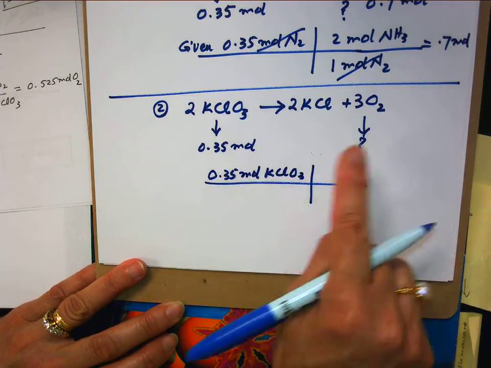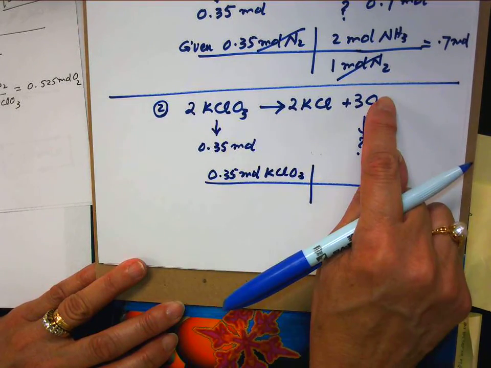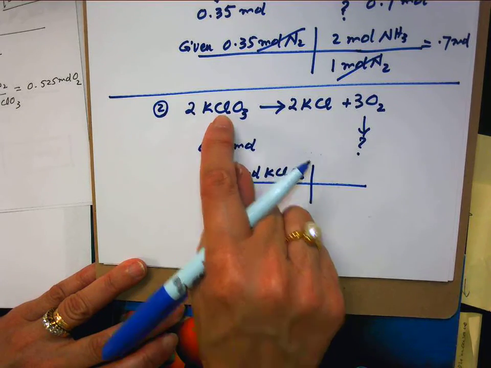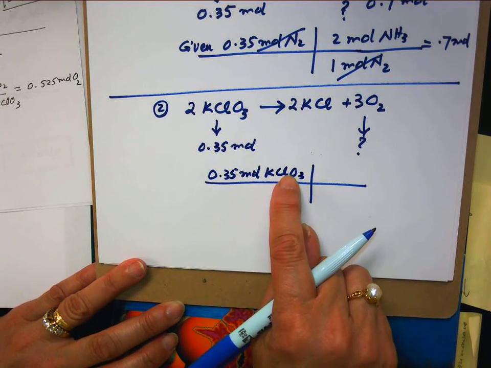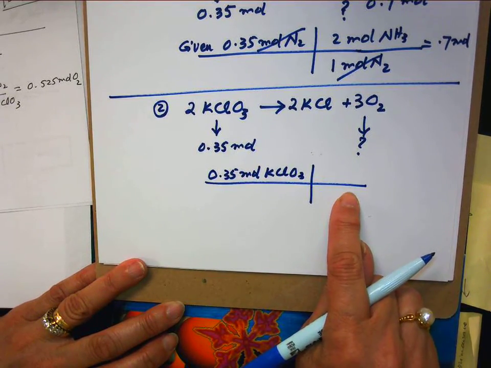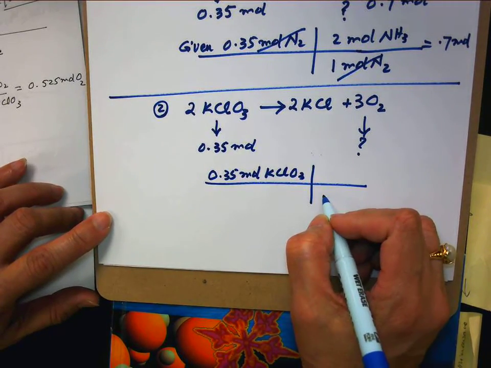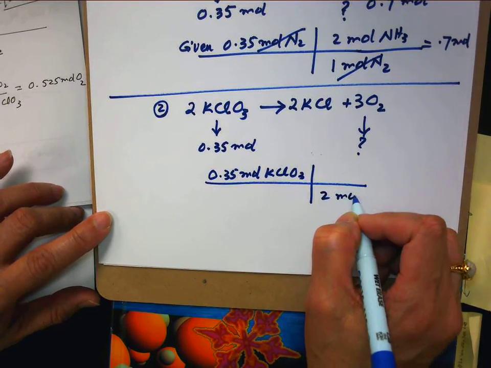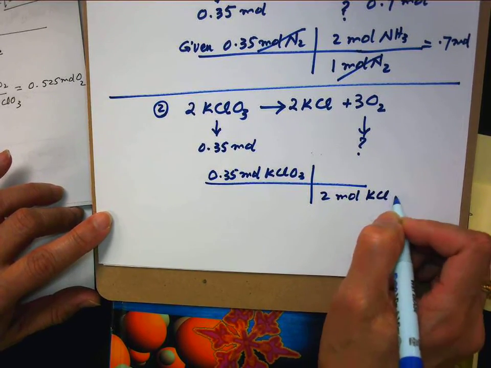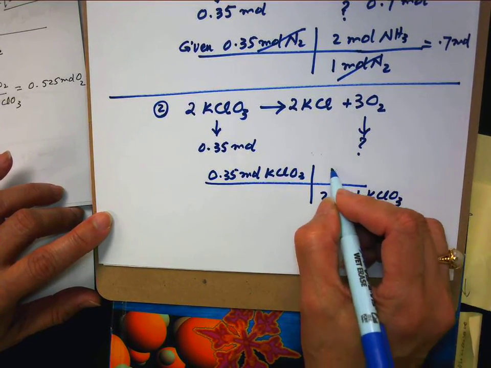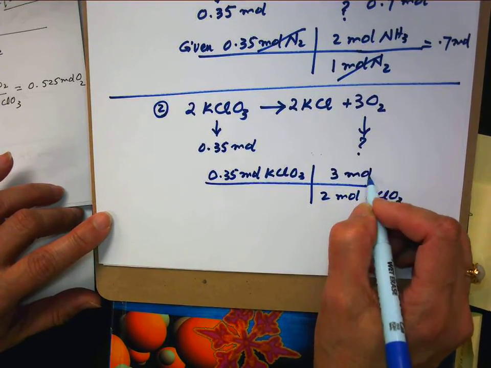What is the ratio? 2 to 3. All right, 2 KClO3, so the KClO3 will come at the bottom. So this is 2 moles of KClO3 will give 3 moles of oxygen.